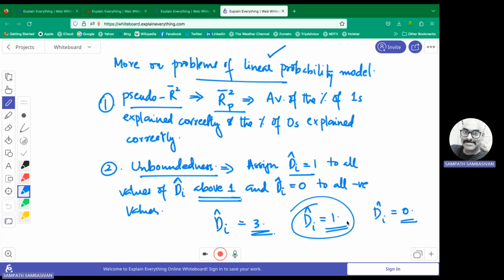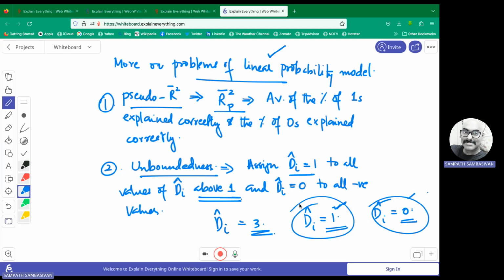However, this is again problematic, because even if you assign Di hat equal to 1, what would that mean? It would mean that there is a 100% chance, which is very unlikely. So if you are trying to deal with the problem of unboundedness this way, you are ignoring the problem rather than addressing it in a constructive manner.